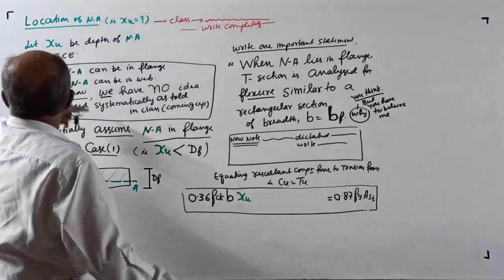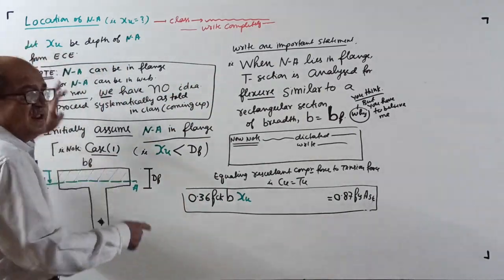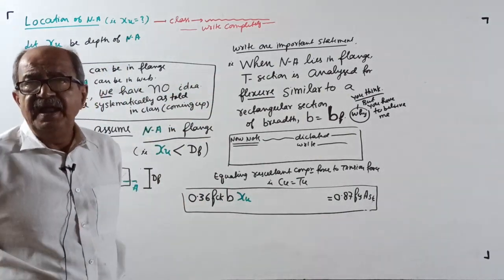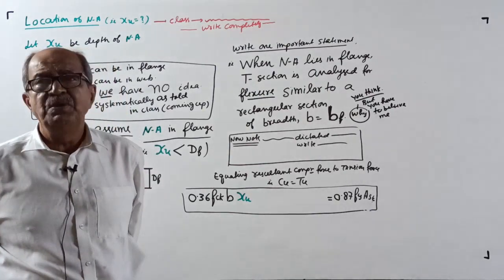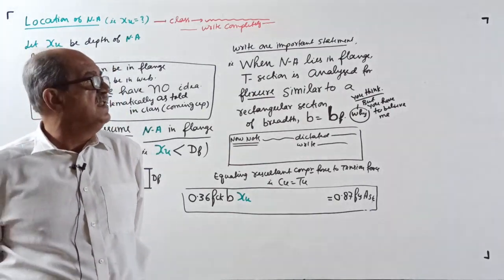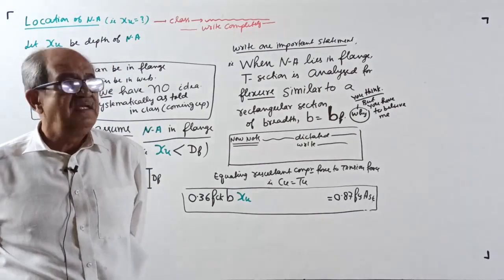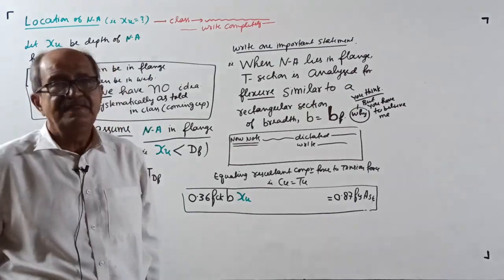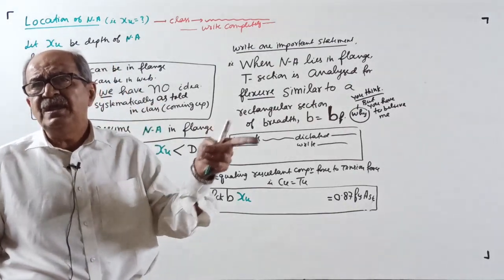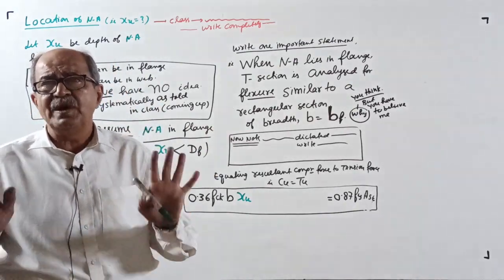Then, start. I already told you the data: breadth of flange, depth of flange, BW, AST, then FY, FCK. Then I told you, based on Fy, get XU max by D. That much is over.